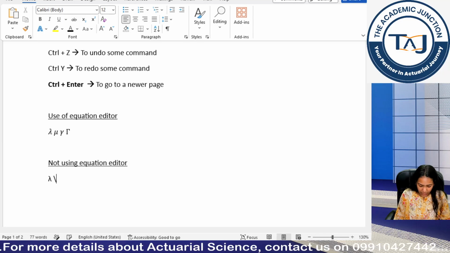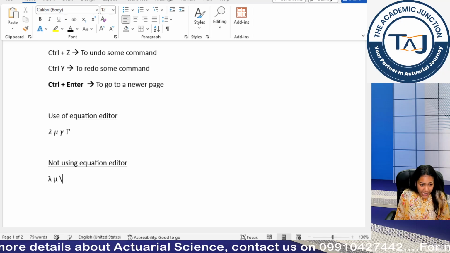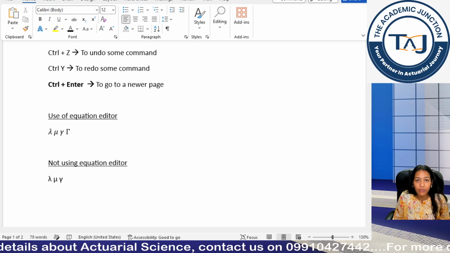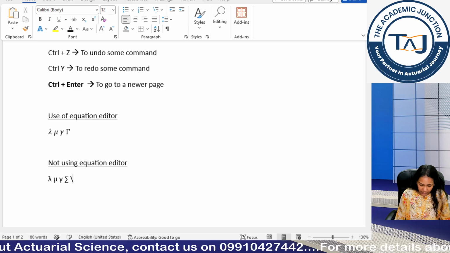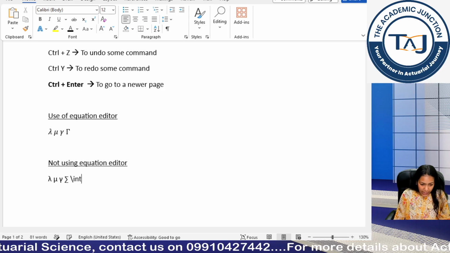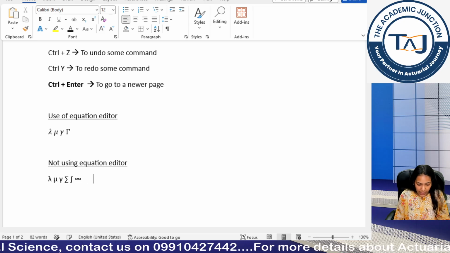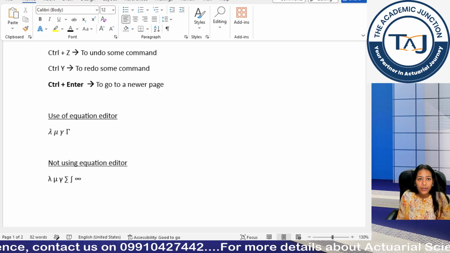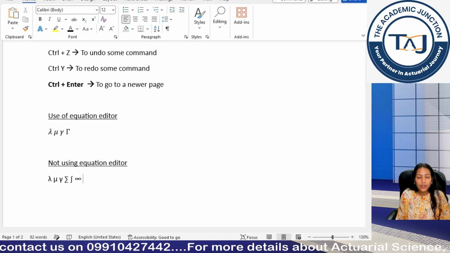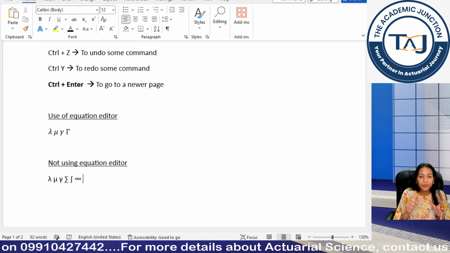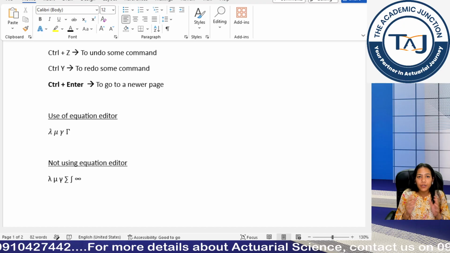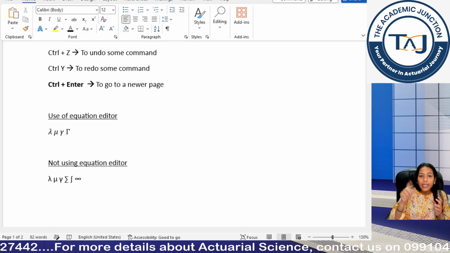I get lambda, mu, gamma. It works exactly like equation editor. If we are talking about symbols, we want sum, we want integration, we want infinity. Okay, so we would be providing you with the scripts, like what word to enter if you want infinity, what word to enter if you want integration.